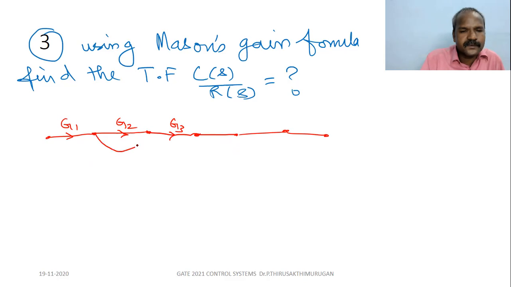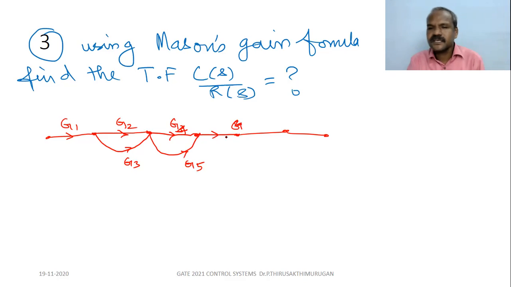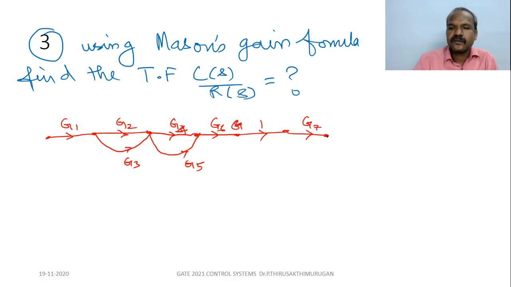Then you can have G3, G4, G5 across this G5. Then this gain is G6. So here the gain is 1. Here the gain is G7.